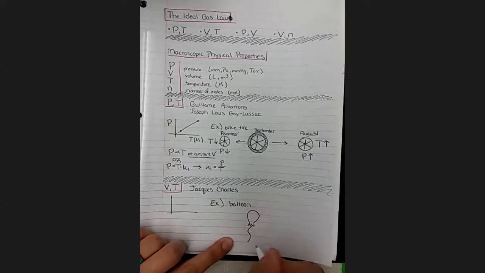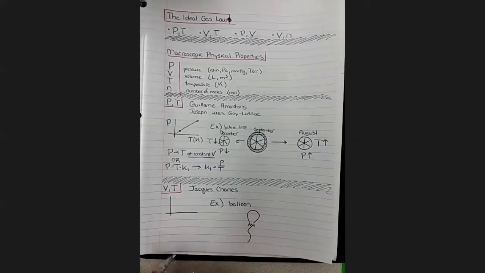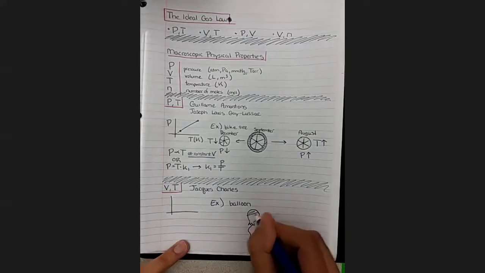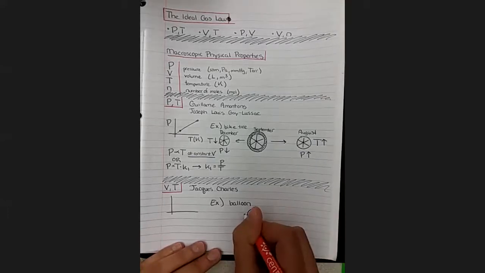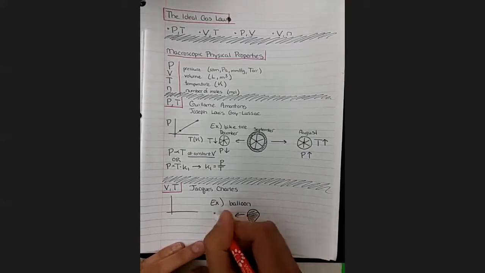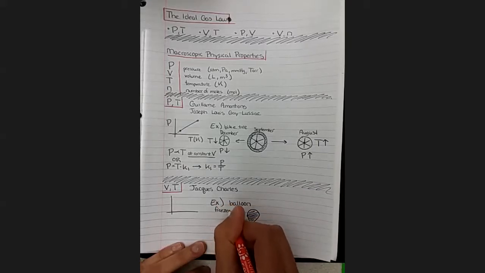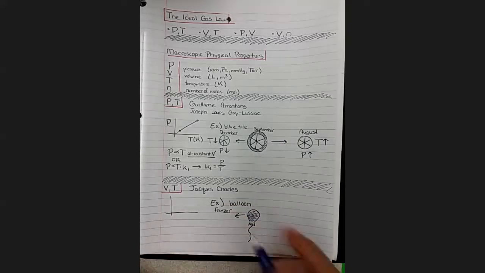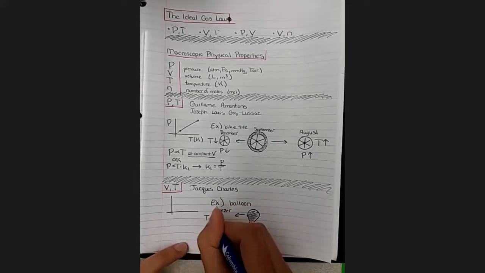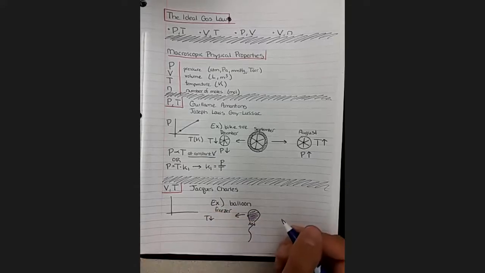So here's a balloon. It's not a hot air balloon, but we're not going to push my drawing skills today. So let's say that I blew up this balloon and then I put that balloon in the freezer, somewhere where it's cold. What's going to happen to that balloon?